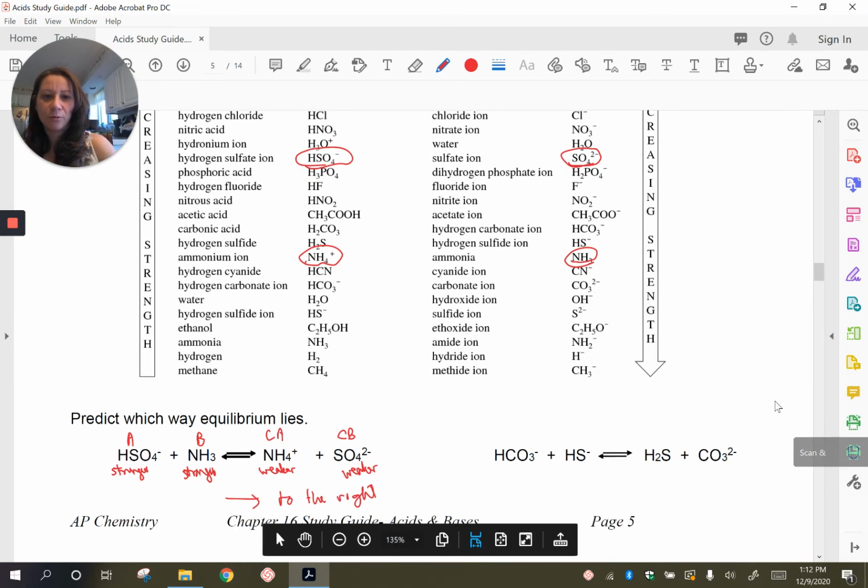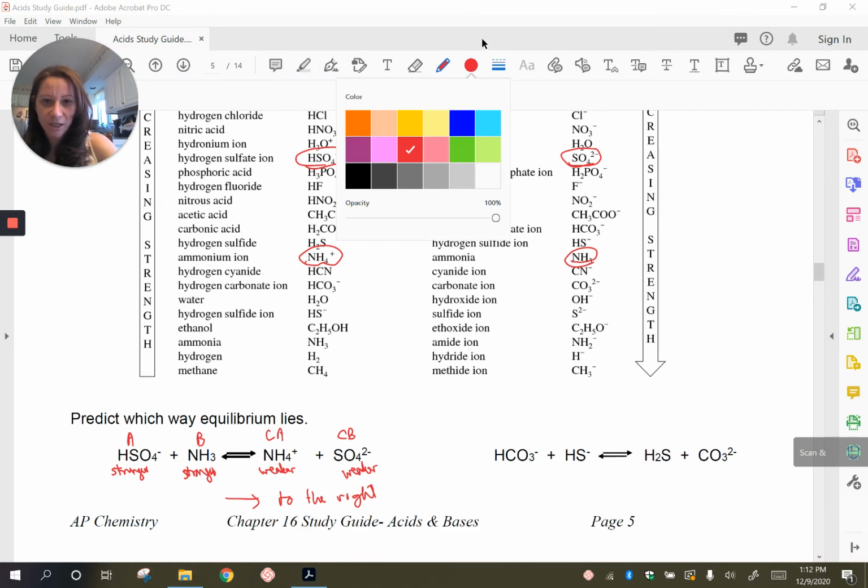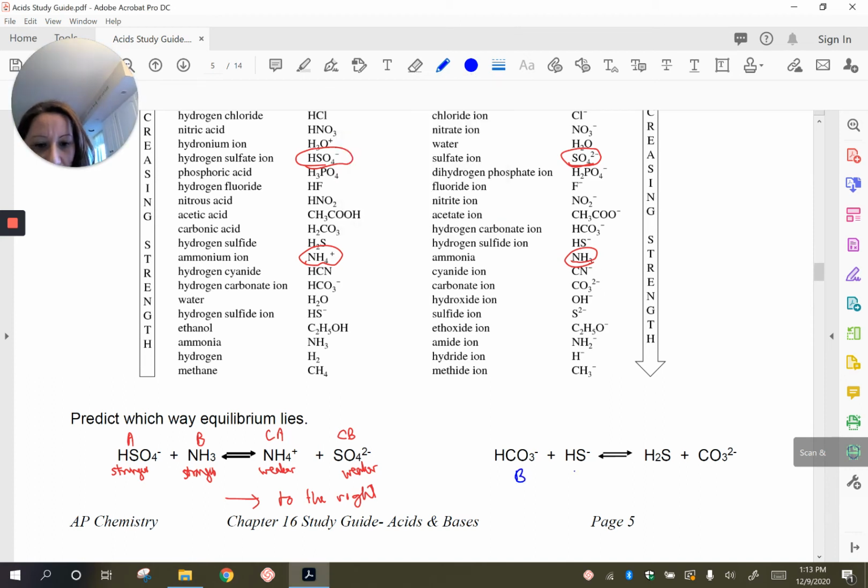So HCO3 minus plus HS minus yields H2S and CO3 2 minus. So this is my base, this is my acid, this is my conjugate acid. Oops, I messed up, I'm sorry.